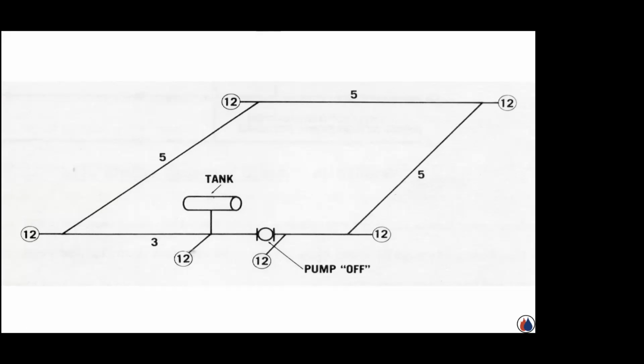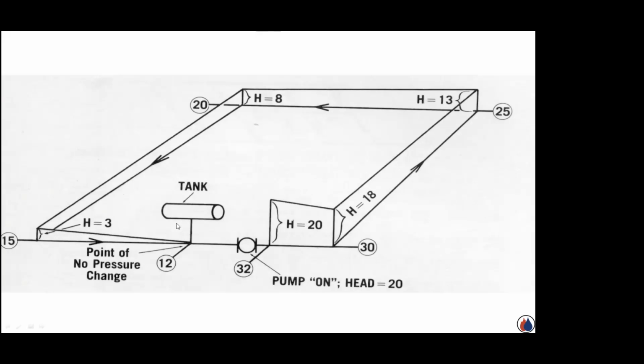Quick drawing here is just showing an expansion tank and a pump, and say it's on a horizontal plane, there's no vertical height, and it's filled to 12 pounds. So there's 12 pounds everywhere. Turn the pump on, and it discharges, and it develops, I should say, 20 PSI perhaps in this case. So that 20 feet is reflected at the discharge. That's my highest point of pressure.